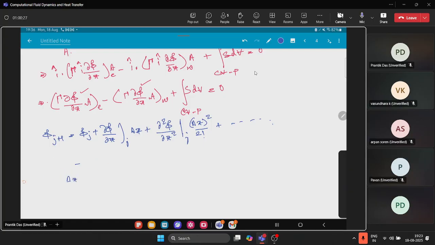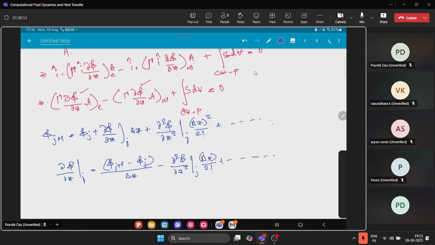Now the derivative dphi/dx at j is equal to phi j plus 1 minus phi j divided by delta x, minus del square phi/dx square at j times delta x by 2 factorial.